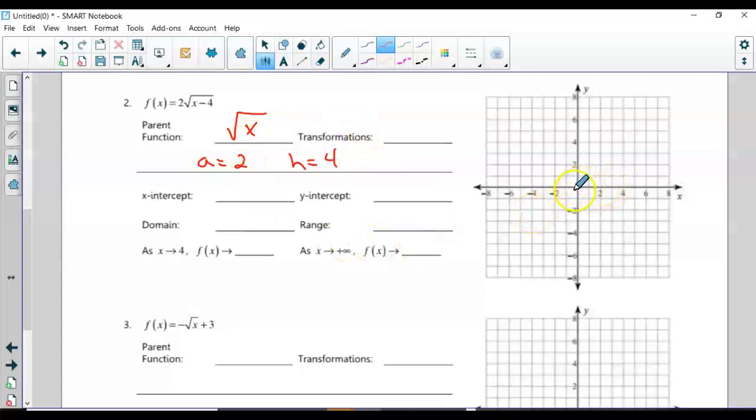So instead of being at (0, 0), we're now going to be at 4. And we have a stretch of 2. So if I go 1 to the right, which would have been the square root of 1, now we need to multiply it by 2. So we're at 5. You put in 5 here, you get 1, which is 1 times 2. So (5, 2).